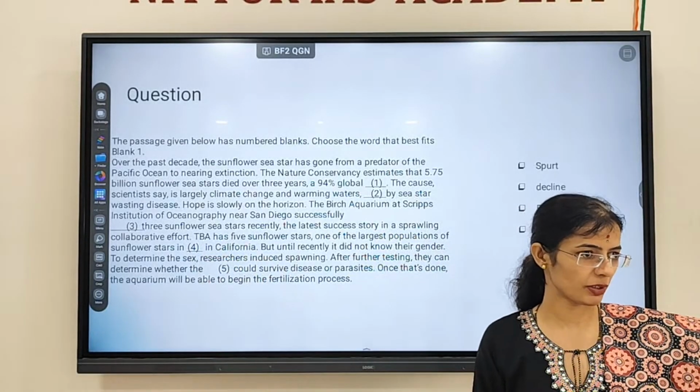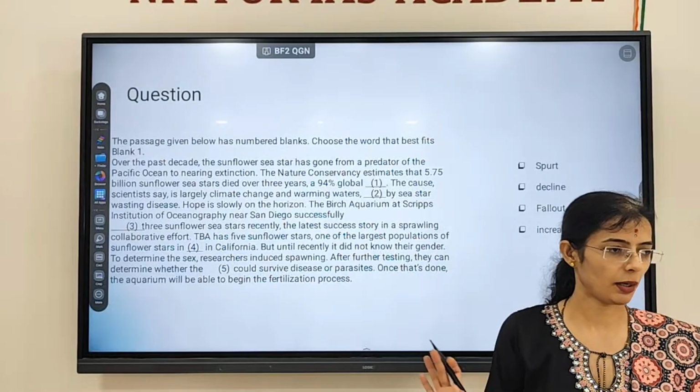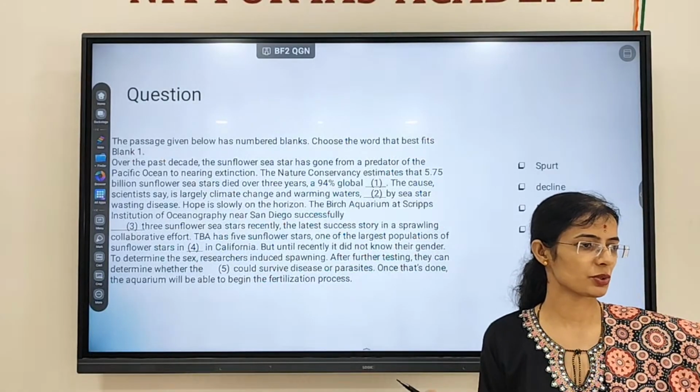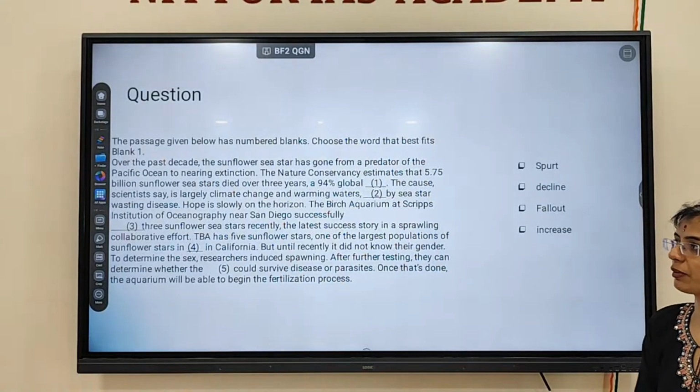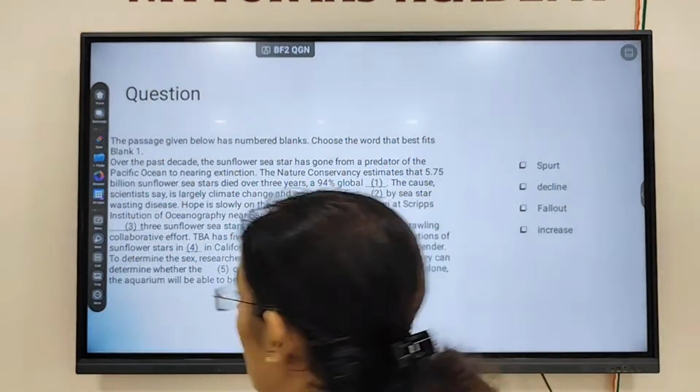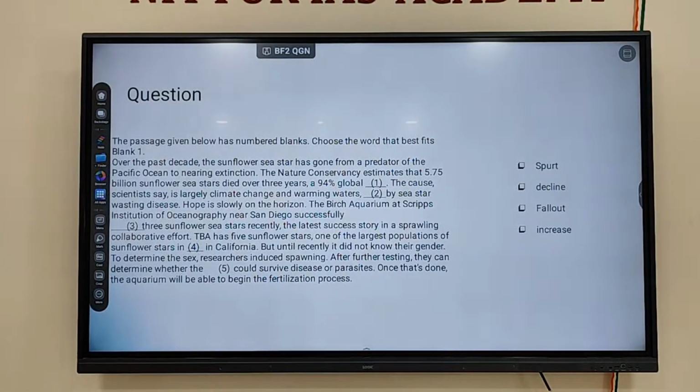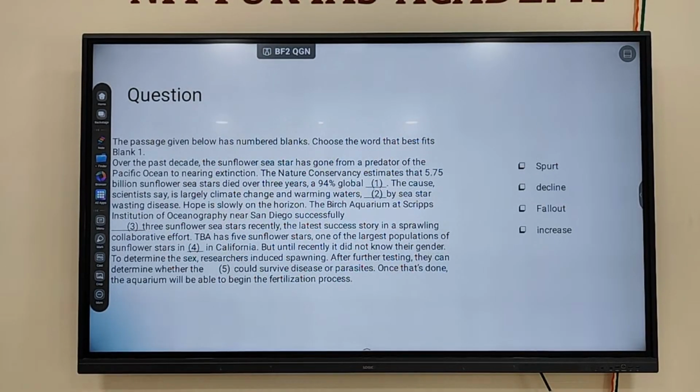So there are two types, fill in the blanks. There are different ones also. One word substitutions are also there in the fill in the blanks. But these kinds of questions have been asked. Okay, do you want me to read? Over the past decade, the sunflower sea star has gone from a predator of the Pacific Ocean to nearing extinction.